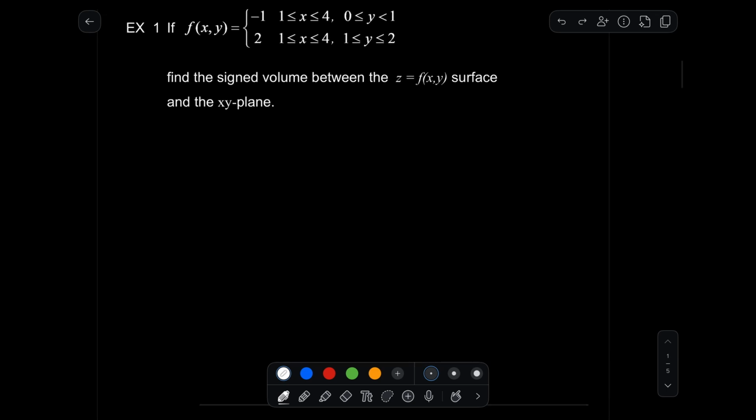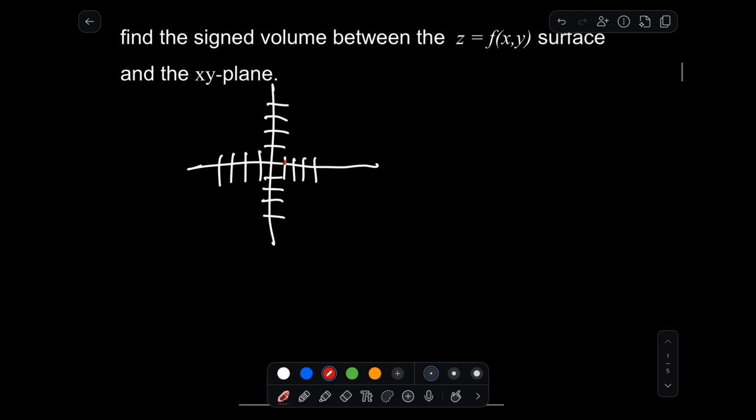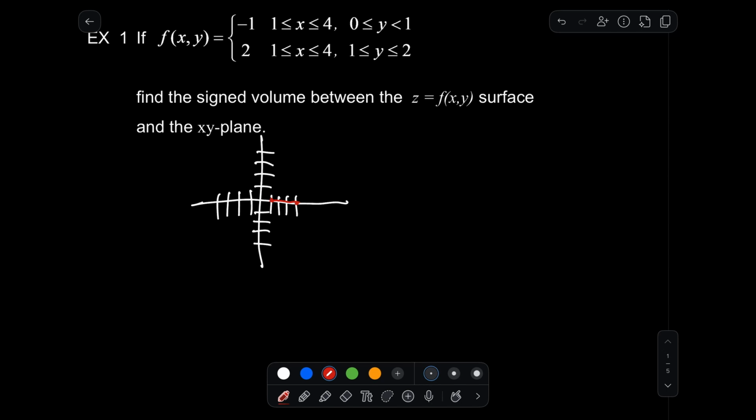First off, we can just draw out some coordinate planes like this, 1, 2, 3, 4, 1, 2, 3, 4. What we can do is carve out little rectangles in our area. So we have 1 right here to 4. We're going to make this first one red, and then we're going to go from 0 to 1 like this. So that's region 1.